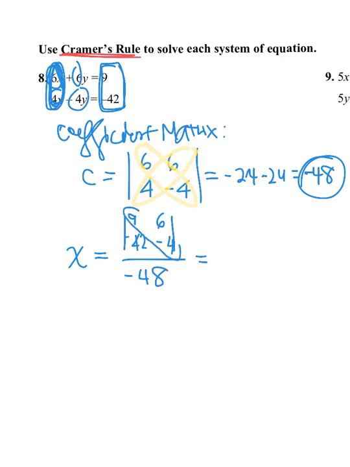Okay, so find the determinant. So we have 9 times negative 4, which is negative 36, minus the product of negative 42 and 6, which is 252, if I'm not mistaken.